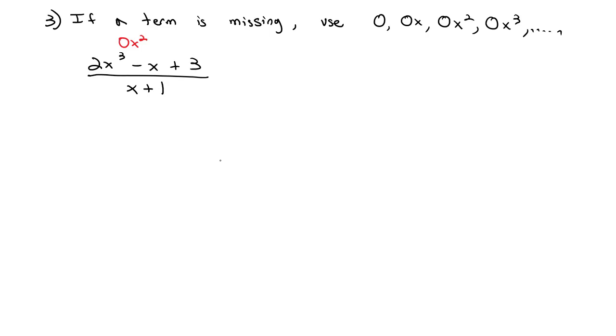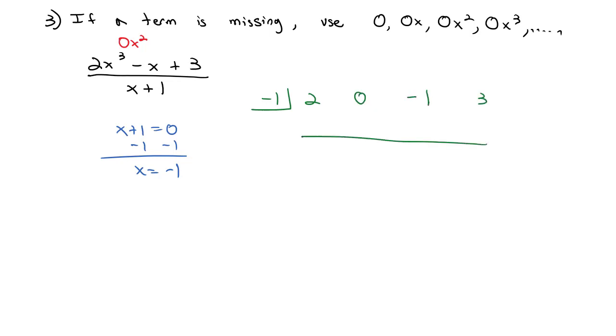Once I account for that, everything else should work the same. I say x plus 1 equals 0, subtract the 1, x equals negative 1. Negative 1 goes in the box. My coefficients then are 2, 0, I'm not missing the 0, negative 1 and 3.